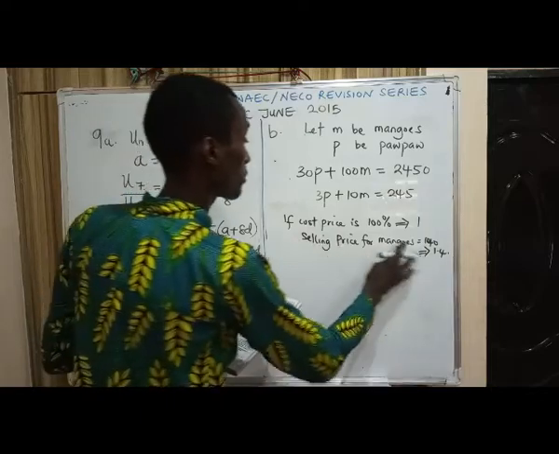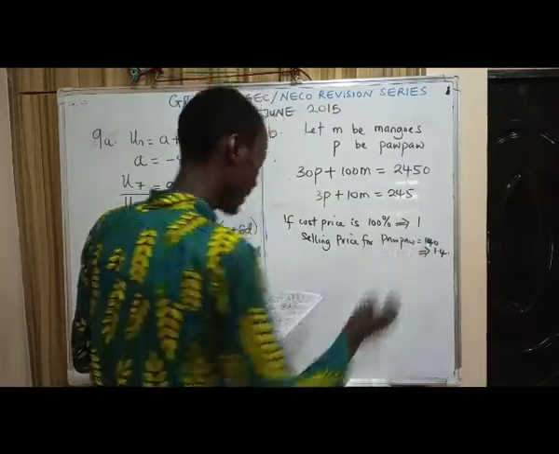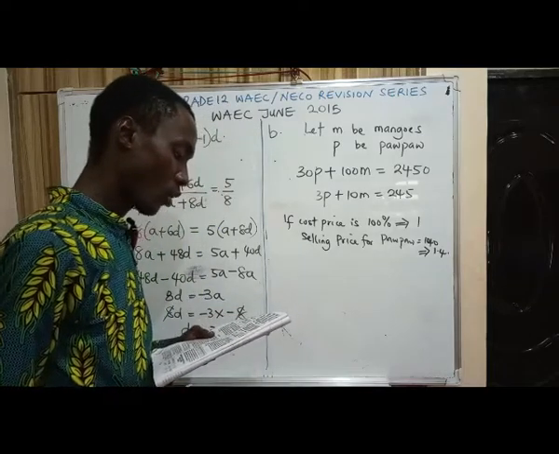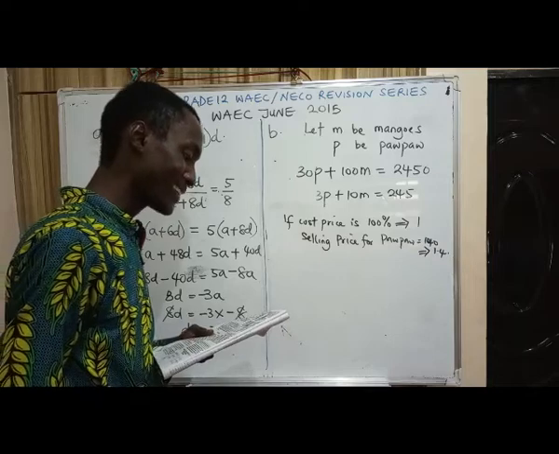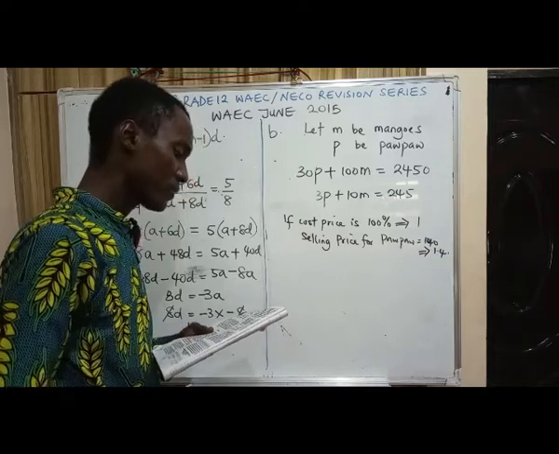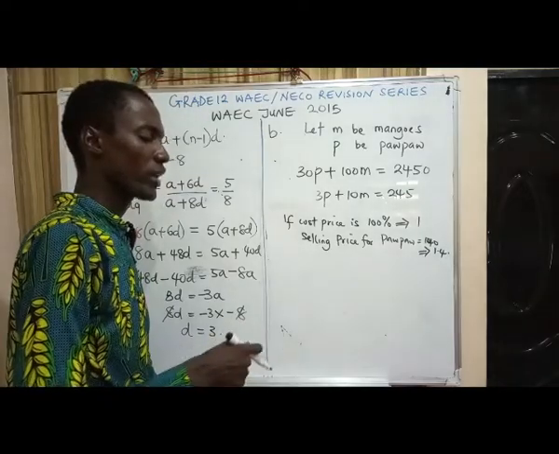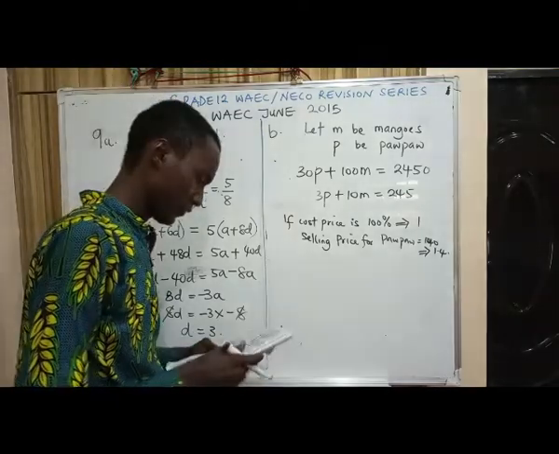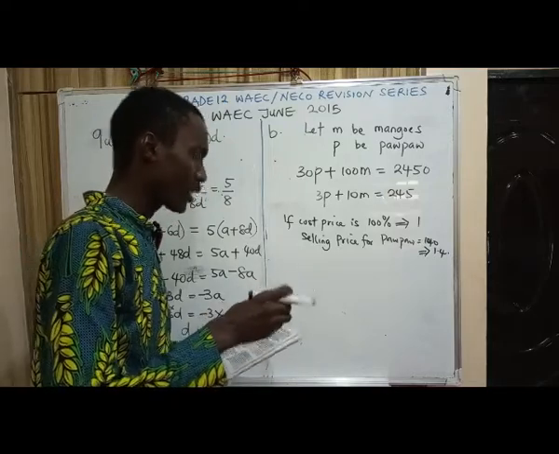Oh, 40%, this should be pawpaw, sorry about that. And then the mangoes at a profit of what? 30%. Yes. If her profit on the entire transaction is 855, find the cost price.